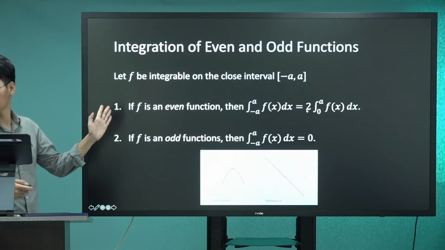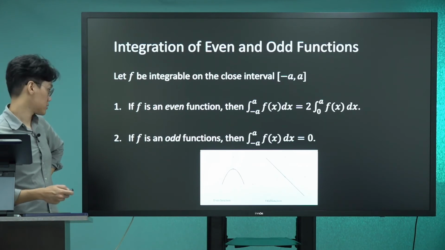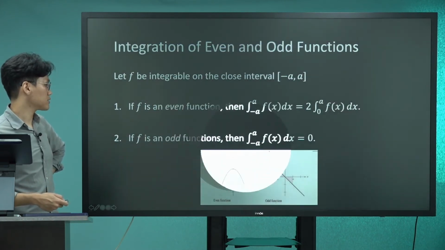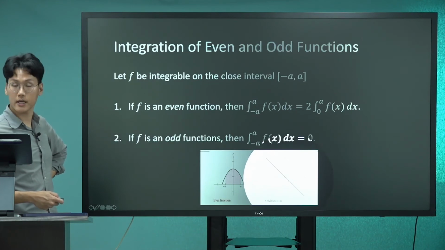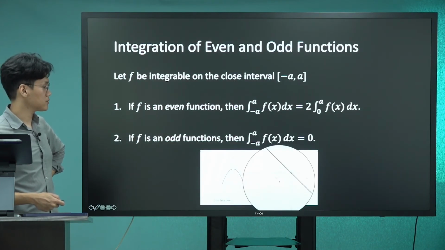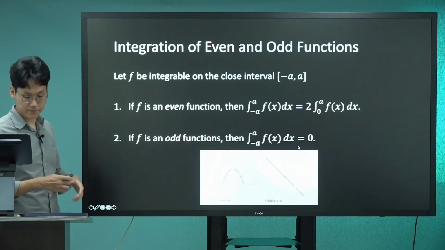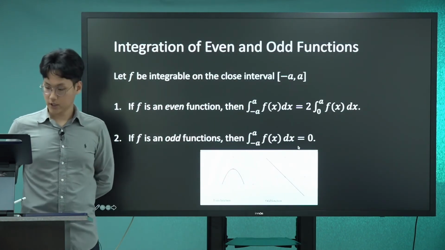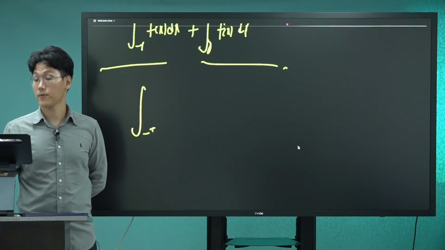We just integrate from 0 to a and just multiply by who? Yes. But for the odd function, by the symmetry, it looks the same area, right? However, one is positive, one is negative. Hence, what's going to happen? It's going to be 0.